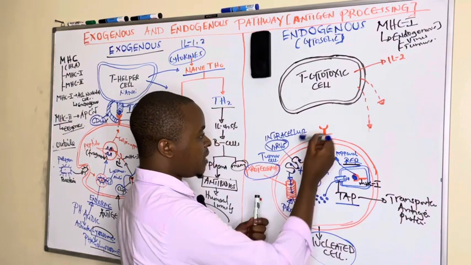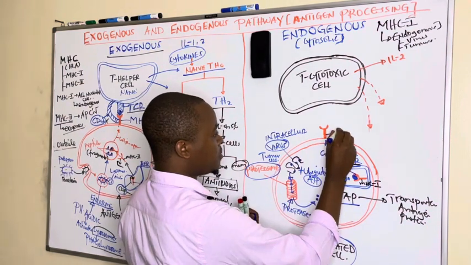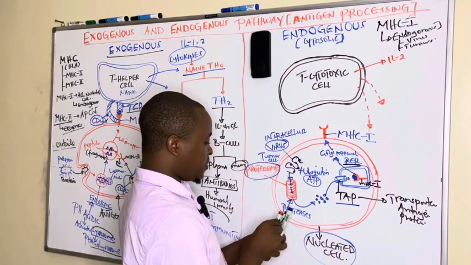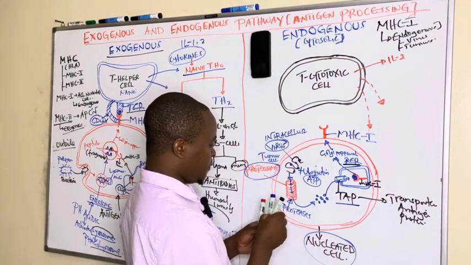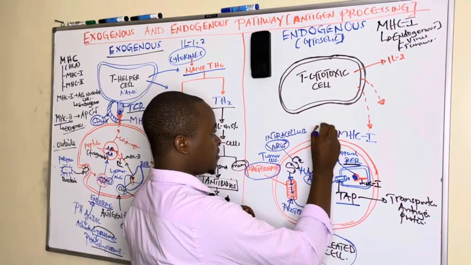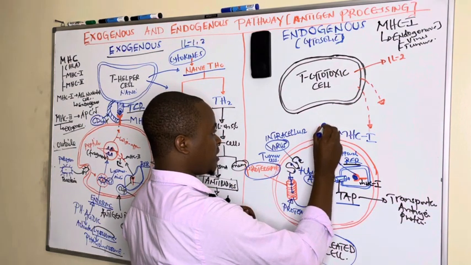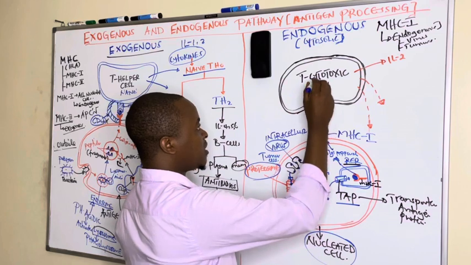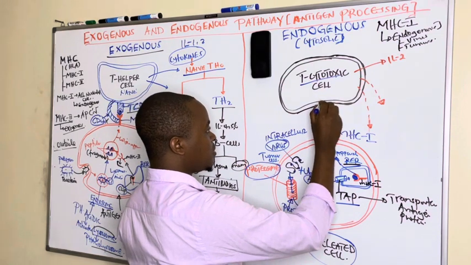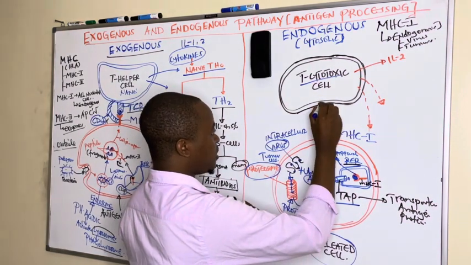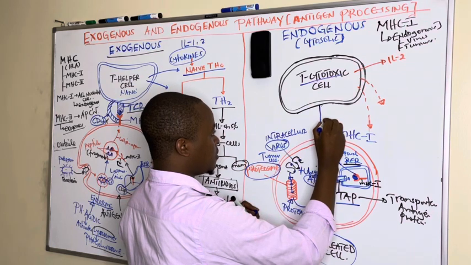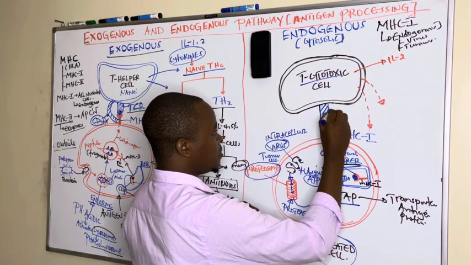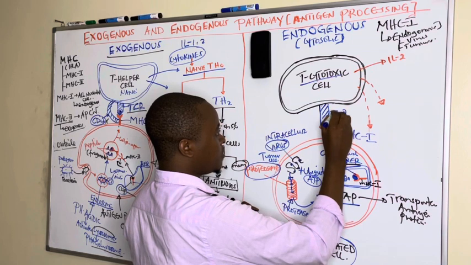After being transported to the surface, major histocompatibility class 1 presents the portion of this virus on the surface. It presents it to the TCR arm of the T cytotoxic cell, the T cell receptor.